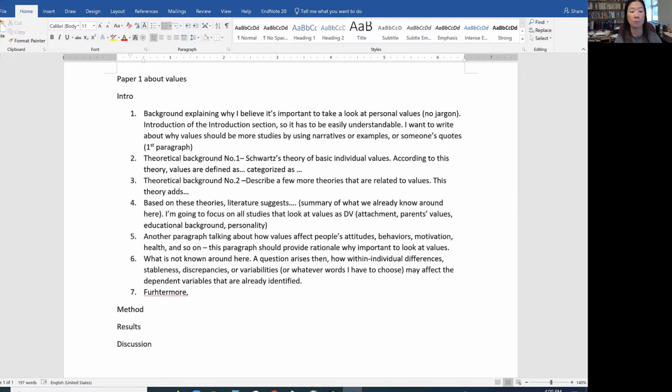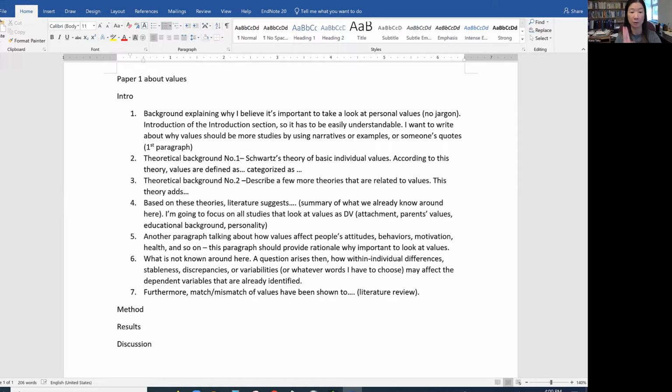Furthermore, the congruence, the mismatch of values, has been shown to affect outcomes. So I want to do the literature review here.